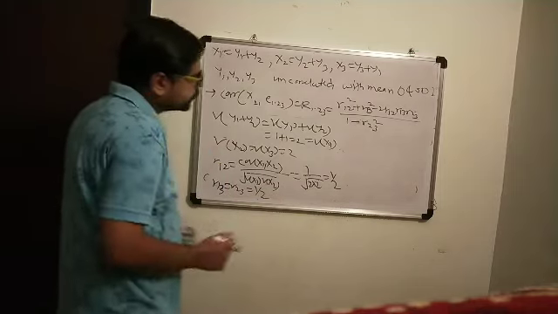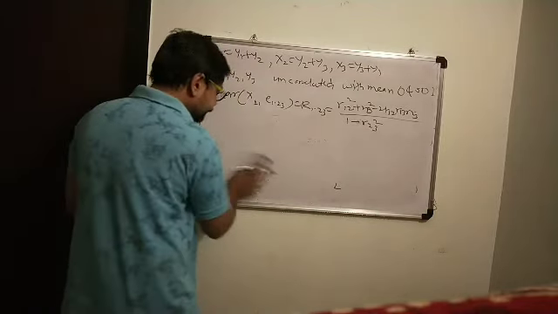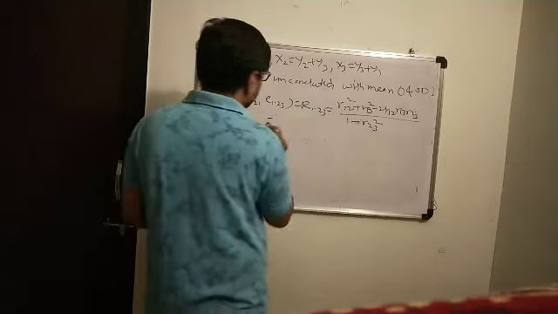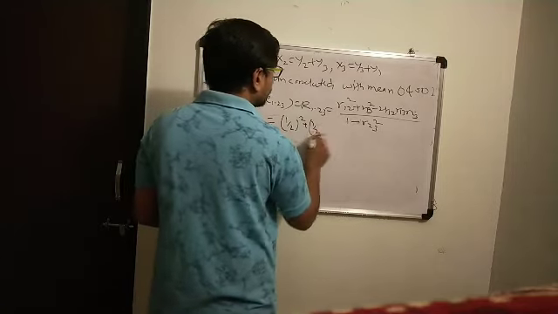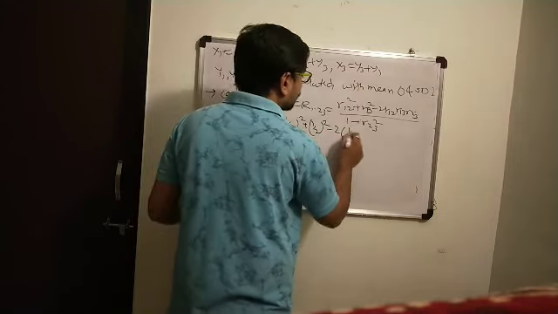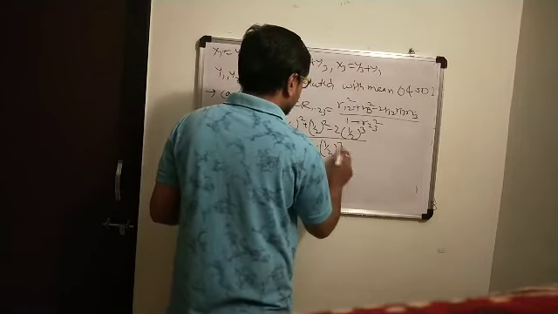We can prove it. So now we will replace correlation by 1 by 2. So (1 by 2) square plus (1 by 2) square minus 2 times (1 by 2) cube, divided by 1 minus (1 by 2) square.